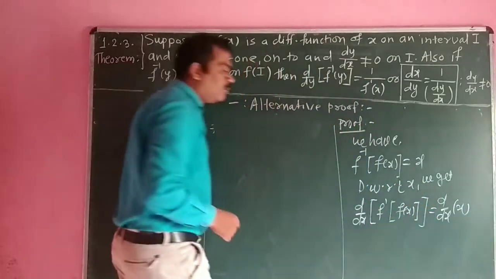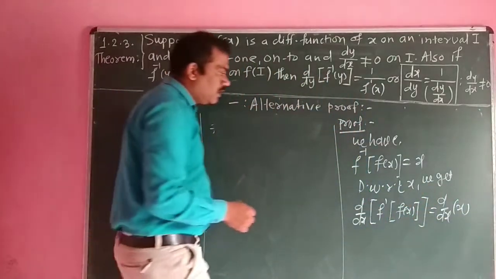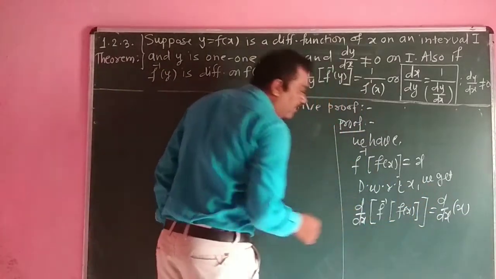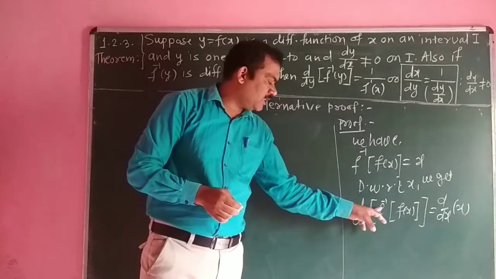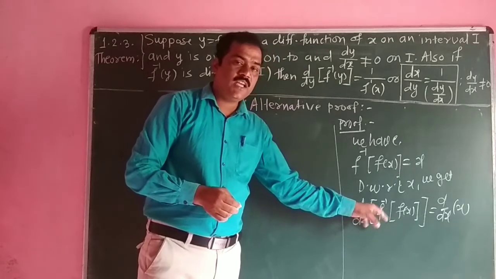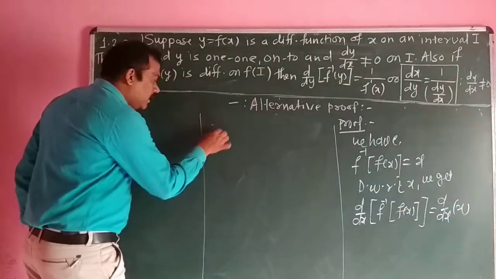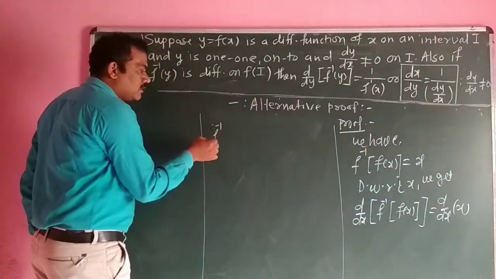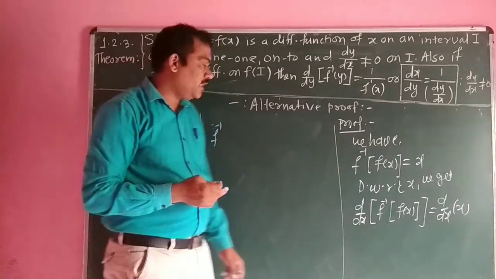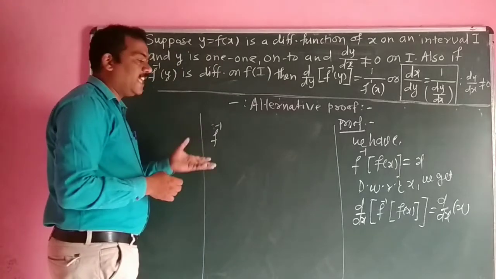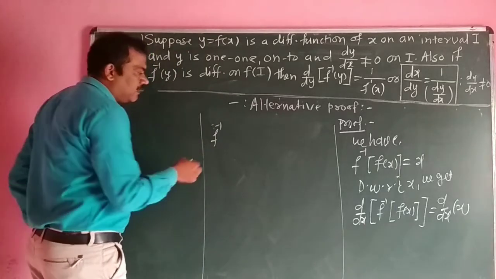We differentiate both sides with respect to x. Now by using the derivative of a composite function, first of all we take the derivative of the inverse function, that is f inverse, its derivative with respect to x is f inverse dash of f of x. We can write it like this.